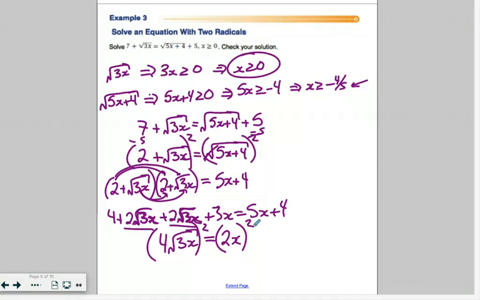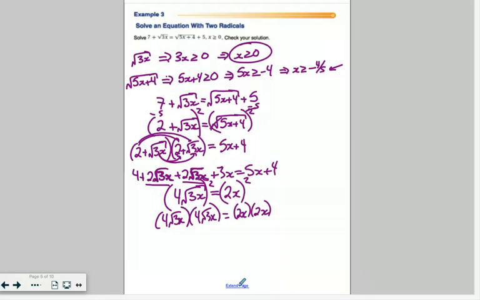So squaring that, again, it means multiplying it by itself. So 4 root 3x times 4 root 3x is equal to 2x times 2x, right? We can expand it all out this way. And then we're multiplying whole numbers, so 4 times 4 is 16, and multiplying radicals, 3x times 3x would be 9x squared, but then that would just simplify into 3x.